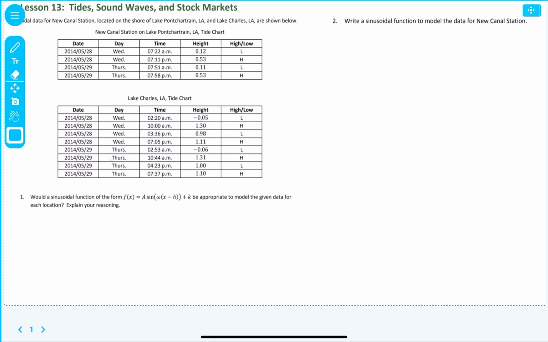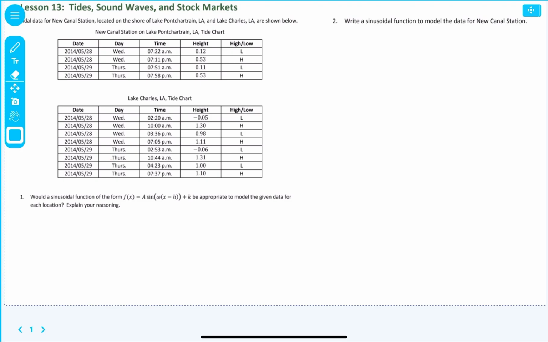Different frequencies, but they stay within that range. Then you have the stock market. Now the stock market, hopefully, is increasing, but if you look at it, it's going to be going up and down, up and down, up and down, up and down, but hopefully in an increasing manner.